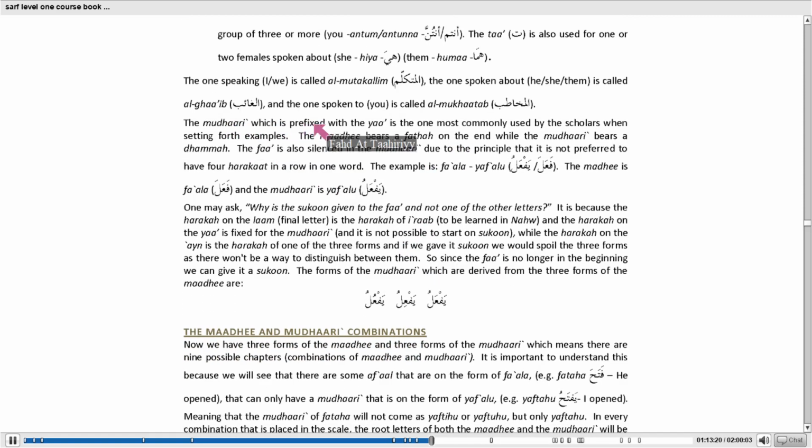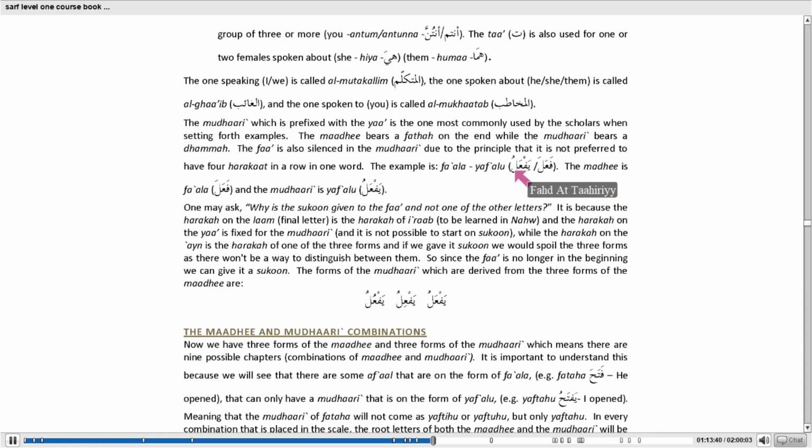Now, the mudari' which is prefixed with the ya is one of the most commonly used by scholars. When scholars give you examples of the mudari', they usually use the ya. So that's why you're going to see the ya.